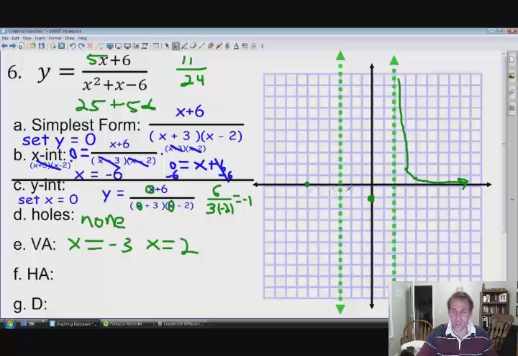Because when we set it equal to 0, we had x equal -6 there. Oh yeah, because you put a -6 in there, you get 0. Yeah, cool. So now let's see. So that goes that way. Let's pick a point right here maybe at -2.